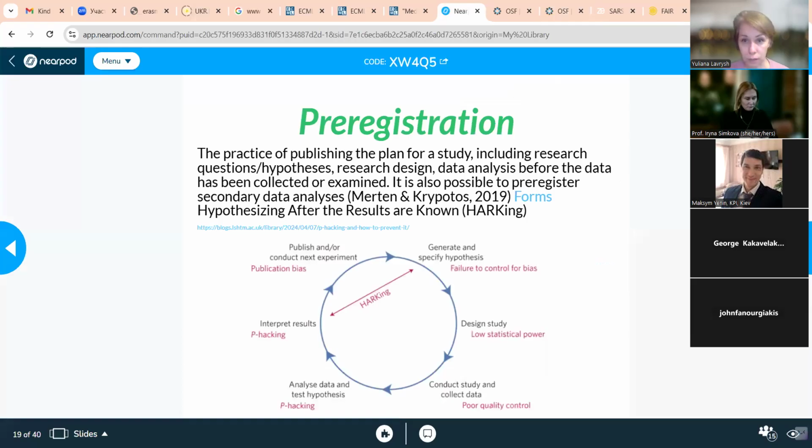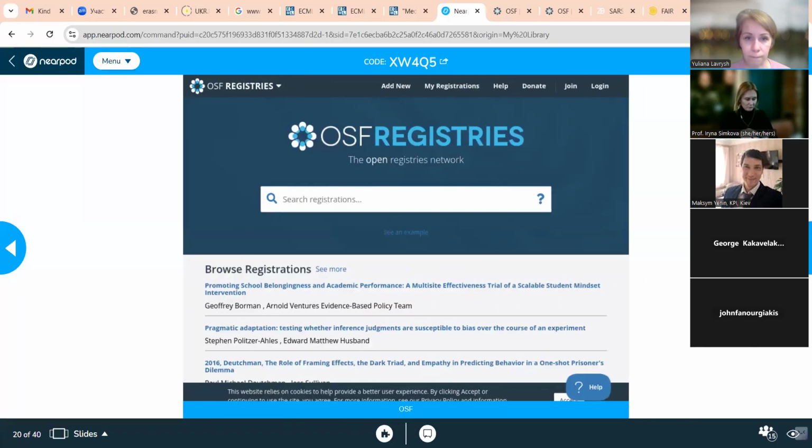So don't be afraid if people ask you to pre-register your data. You just know what to do. Okay, so here I've demonstrated the OSF registry, where you can open someone's data as an example, and you can do the same.